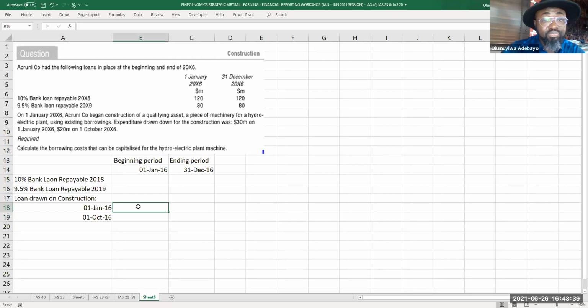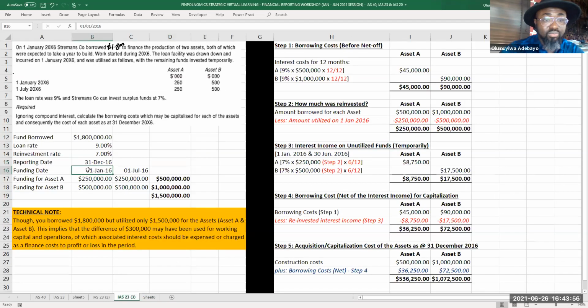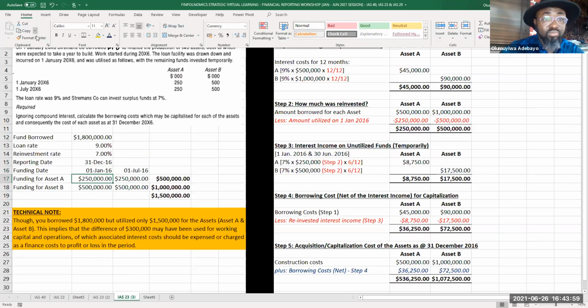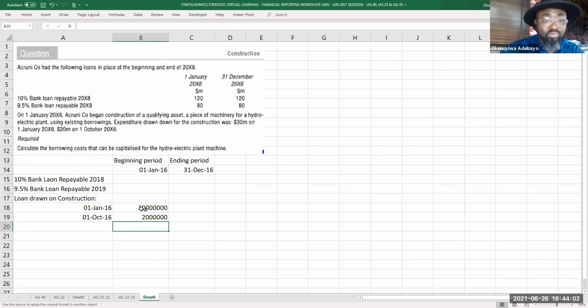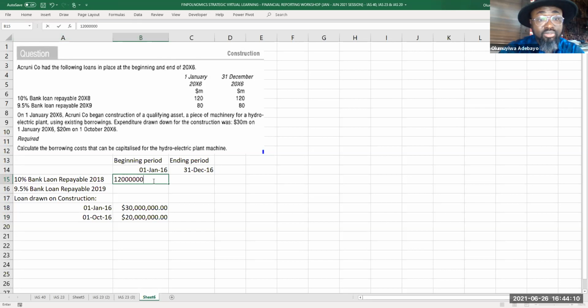Okay, how much was drawn? 30 million in one, the second one was 20 million. Okay, the total loan balance is 120 million and 80 million, the same amount.